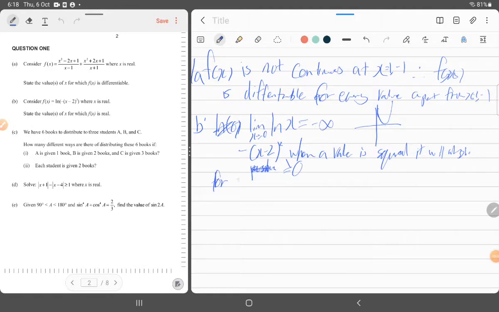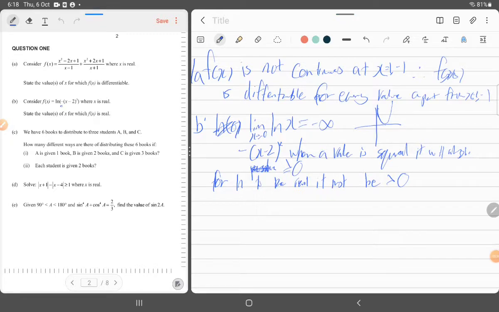For natural log to be real, the function inside must be greater than 0, not greater than or equal to, since negative infinity is not real.